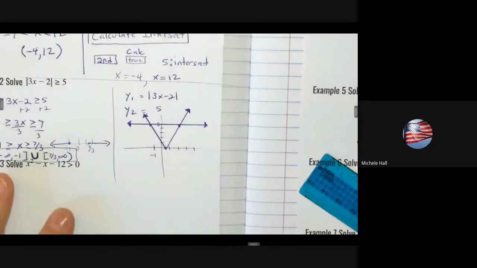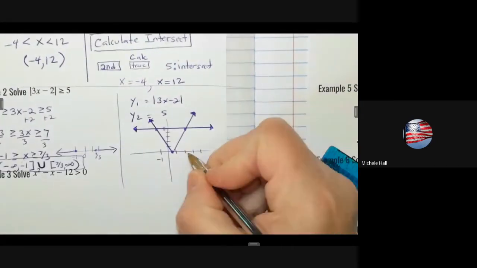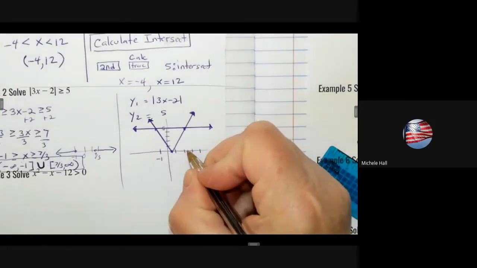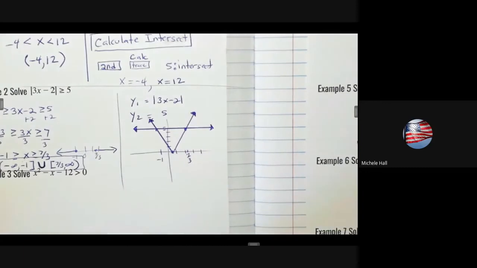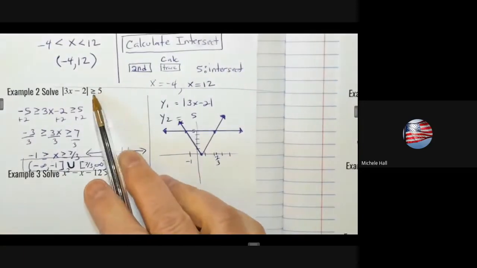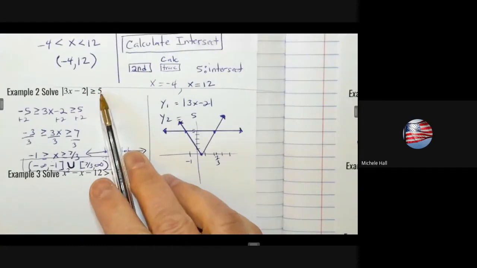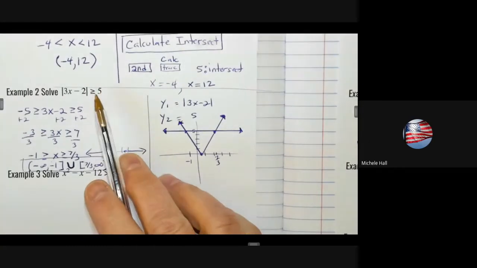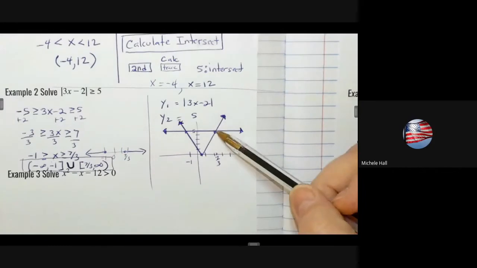And now I'm going to answer the question. The question says, when is the absolute value greater than or equal to 5? It would be greater than or equal here and greater.